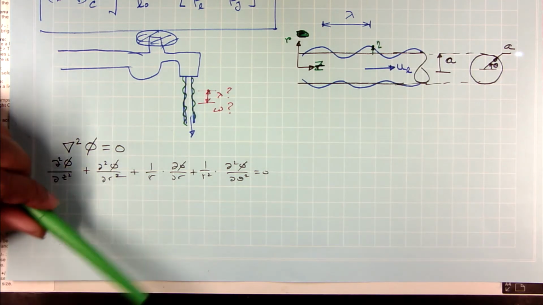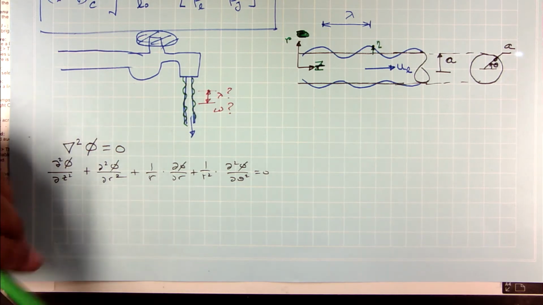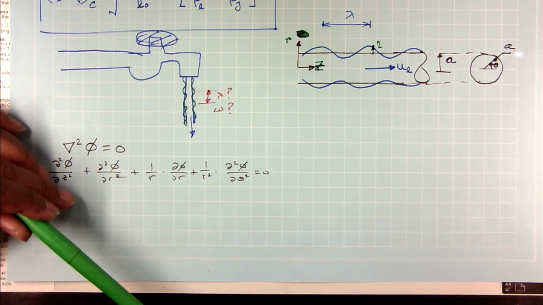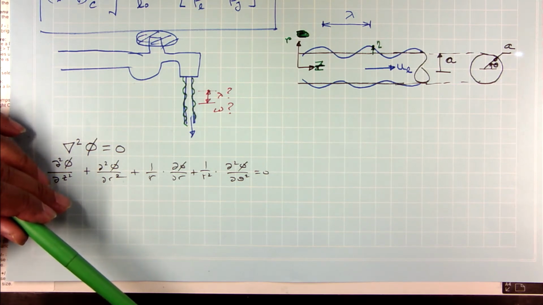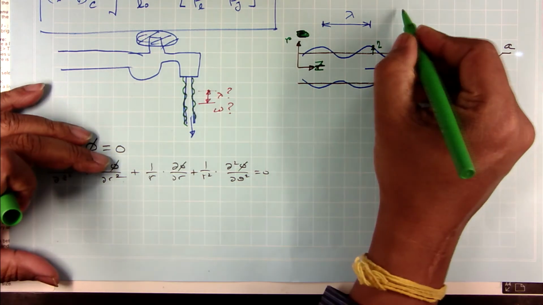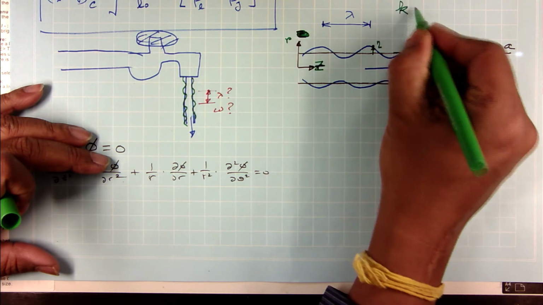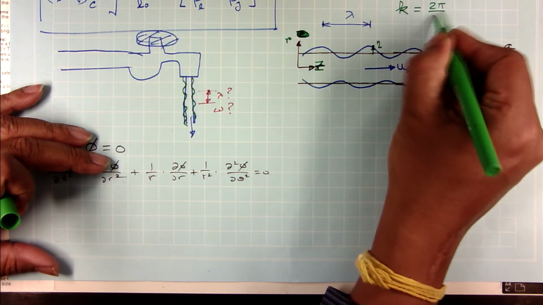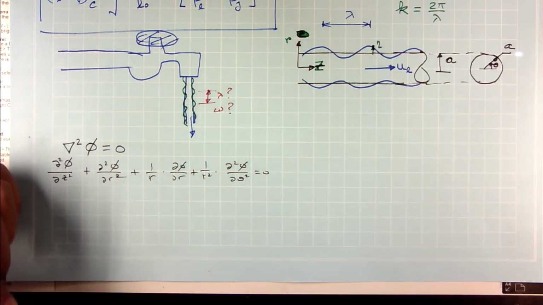And we make the same assumptions: it is an inviscid incompressible flow, and there are small instabilities. Therefore, I am applying a linear stability theory, and once again my k is equal to 2 pi by lambda.